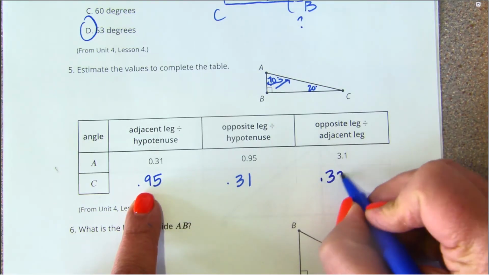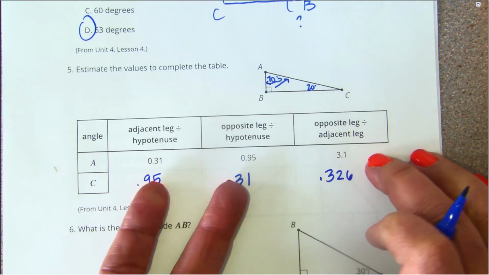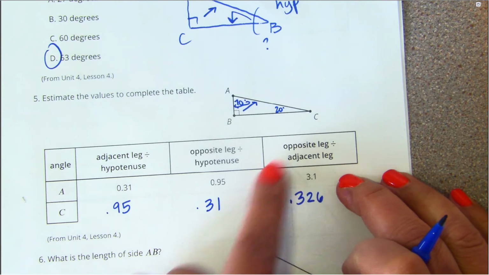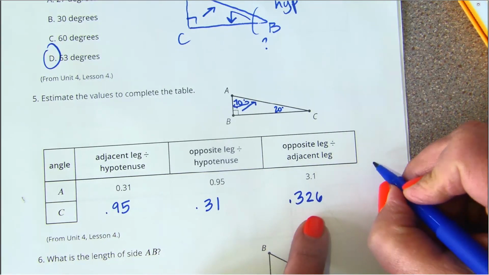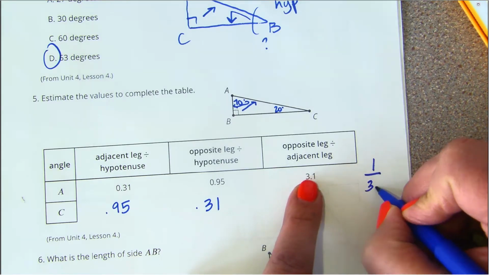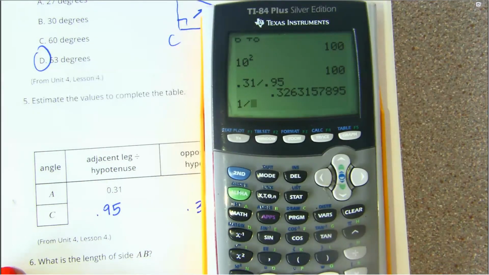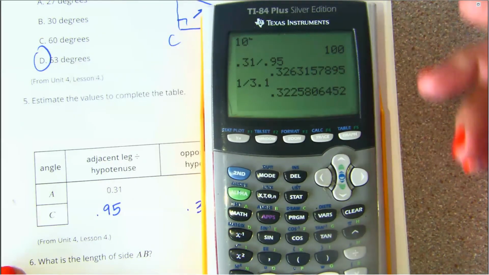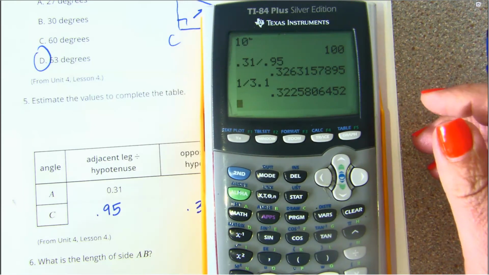The other way you can do it, to get this one, these ones are easy, you just flip. You either take the opposite, now that you got it, and divide it by the adjacent, or you can take 1 divided by the one that they gave you. Watch how that works. 1 divided by 3.1. It's a little bit different because it was rounded, but basically 0.32. Okay?